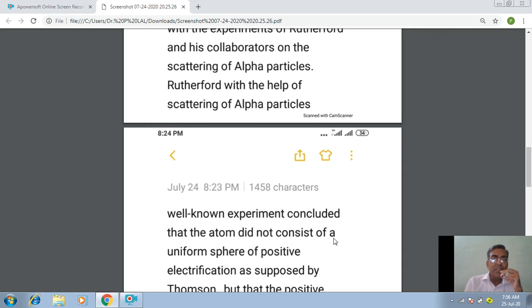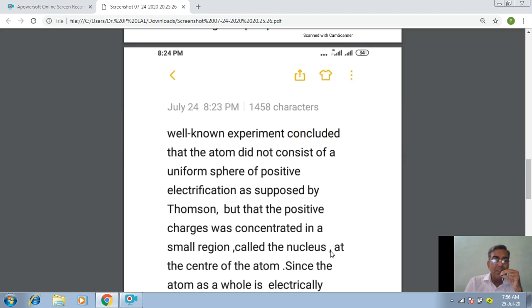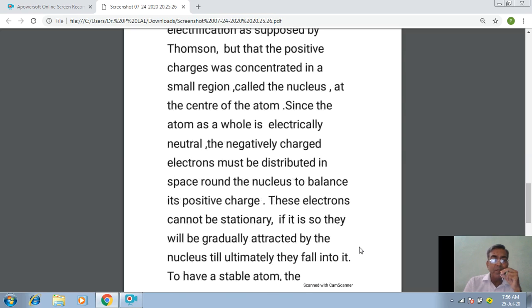With the help of the scattering of alpha particles, Rutherford concluded that the atom did not consist of a uniform sphere of positive electrification as supposed by Thomson, but that the positive charge was concentrated in a small region called the nucleus at the center of the atom.